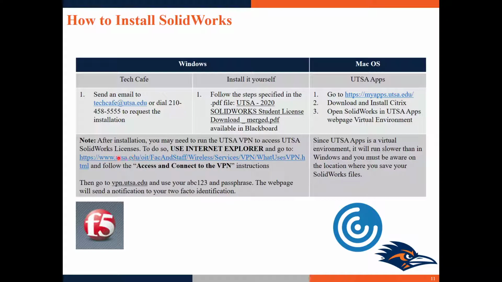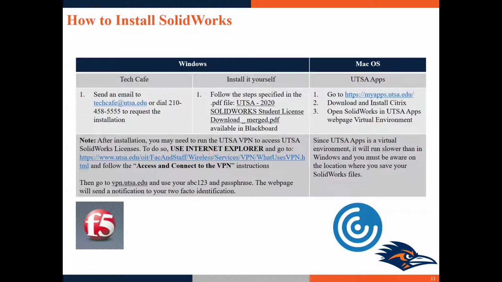Basically, you just have to go to this website, use your ABC123 and your passphrase, and that will be it. Now, very important, use Internet Explorer. It will not work in Google Chrome, and in Mozilla Firefox it will work sometimes, sometimes it won't. So just go with Internet Explorer.